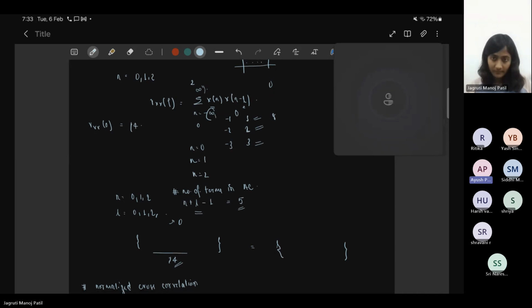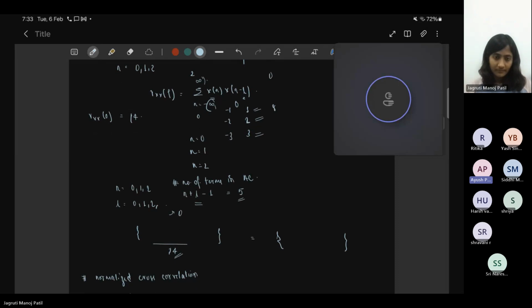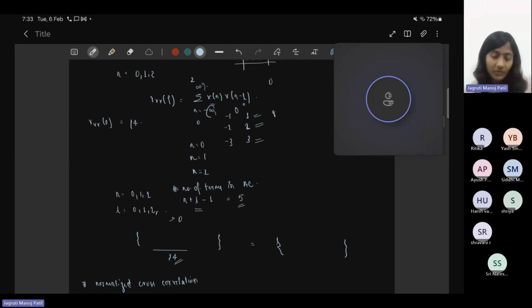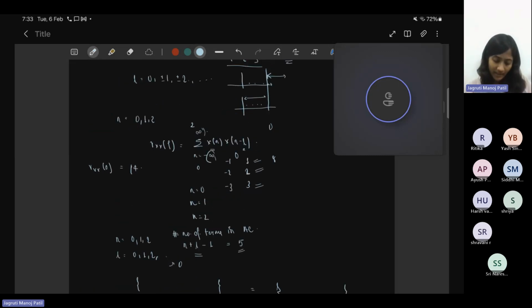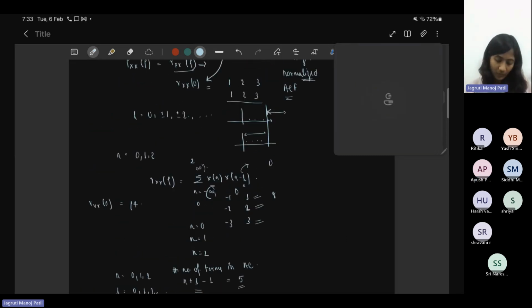Ma'am, the values for L are 0, 1, and 2. No, L shows the amount of delay you can give to the signal, till the point that you get some value. After a particular point where you get 0, these two signals are not correlated anymore. There's not much meaning in just shifting the signal further, as you will always get 0.